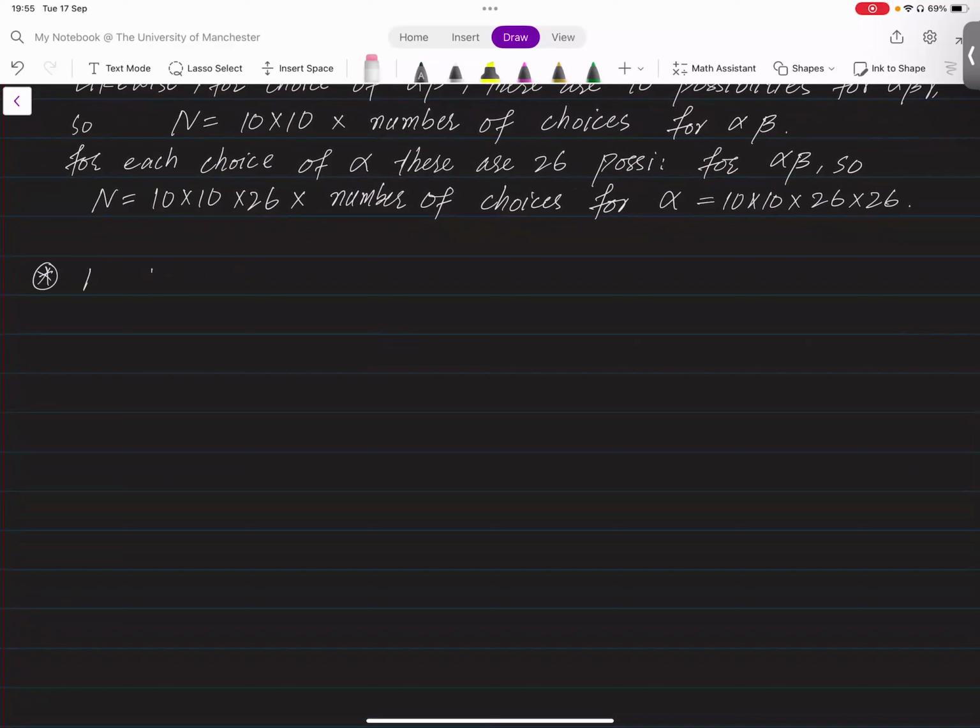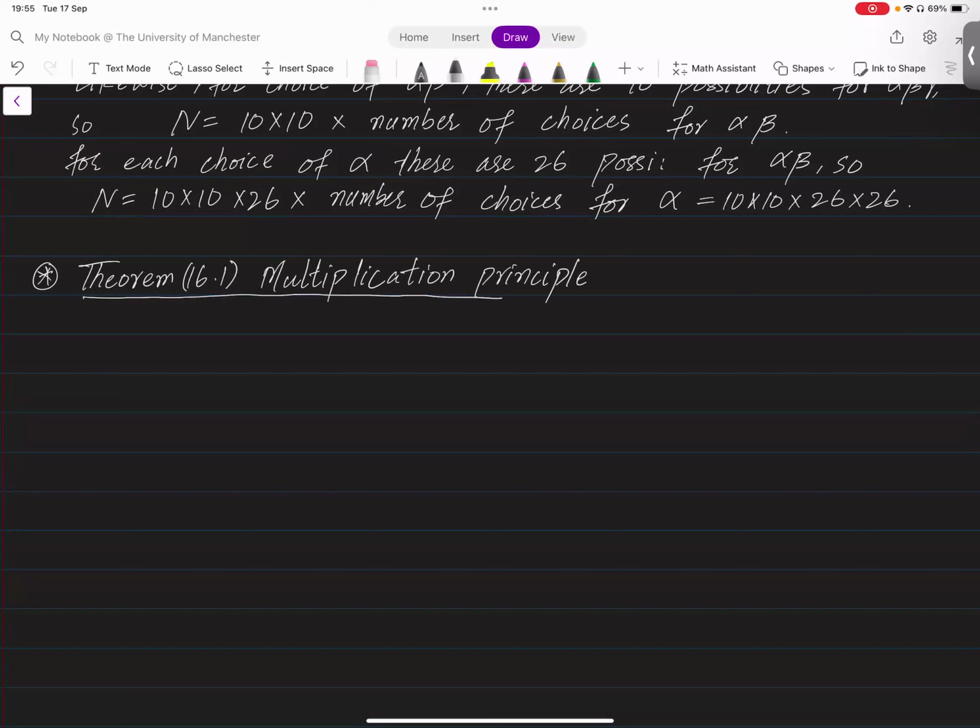Let's write it because this is a theorem. Theorem 16.1, multiplication principle.